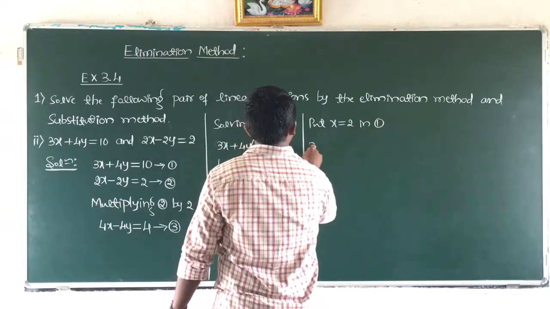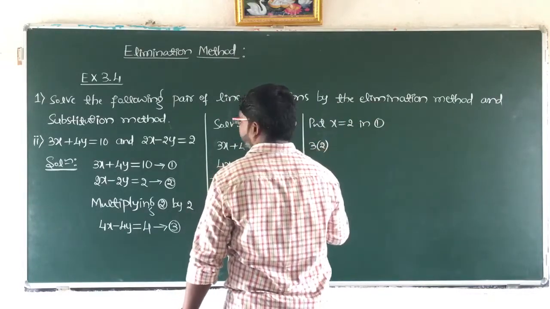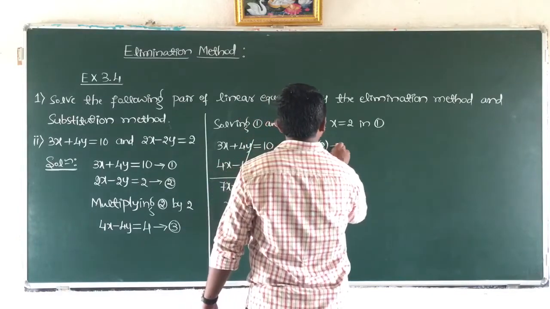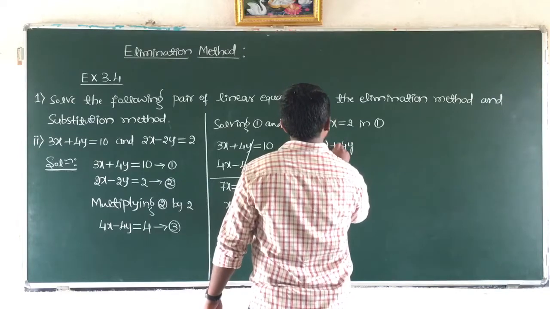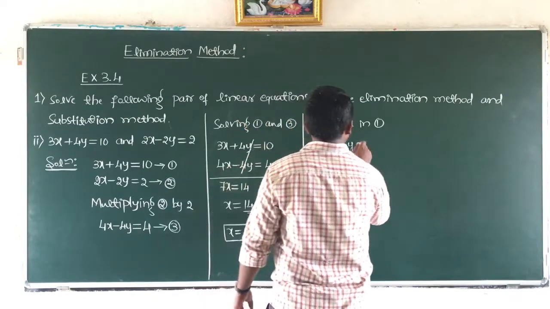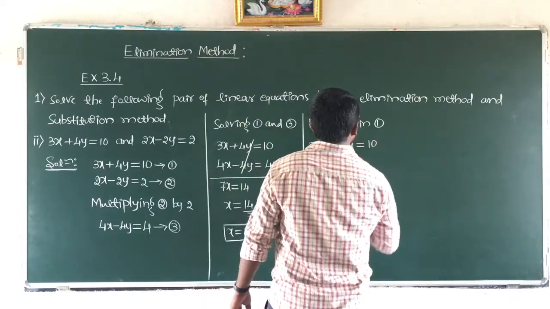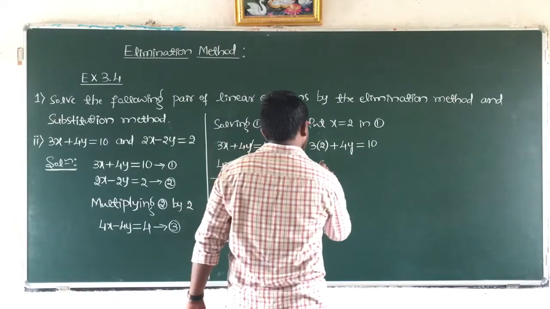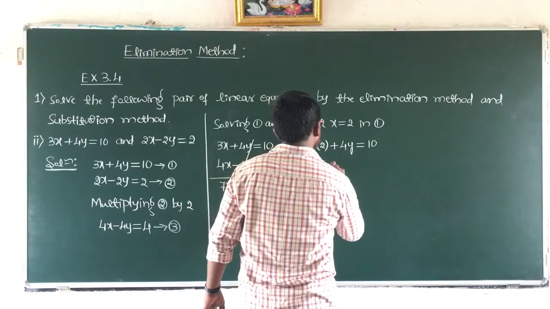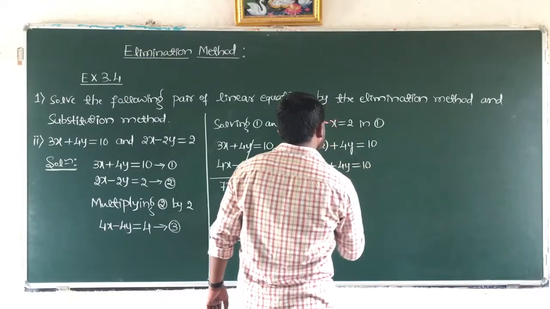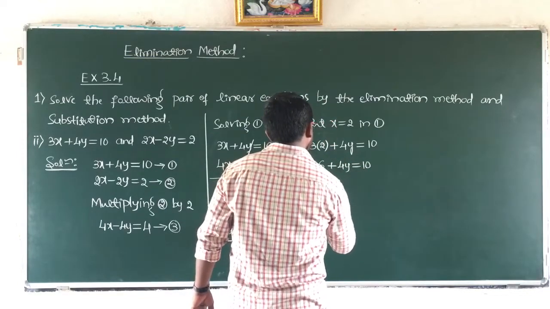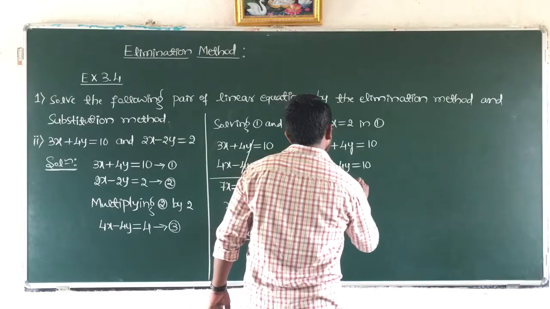So 3 into 2 plus 4y which is equals to 10. Then 3 into 2 it is 6 plus 4y which is equals to 10. Then 4y which is equals to 10 minus 6.